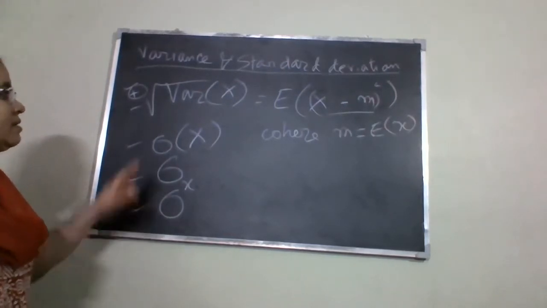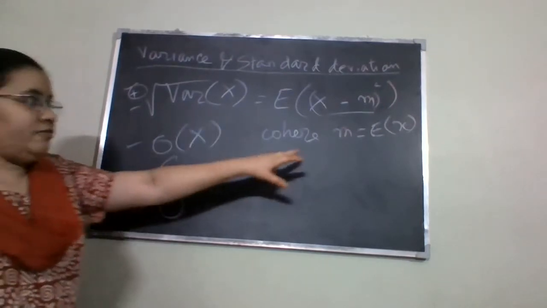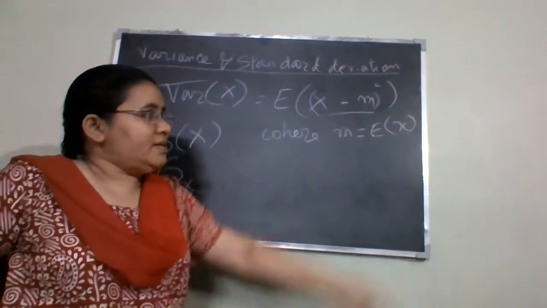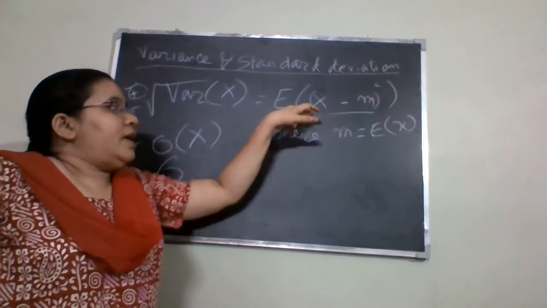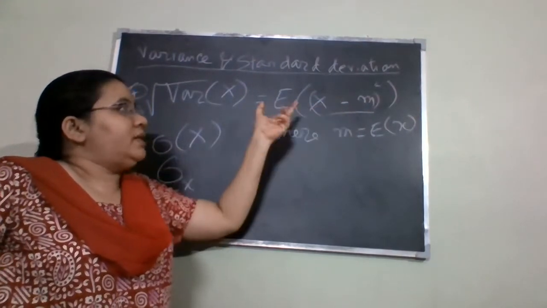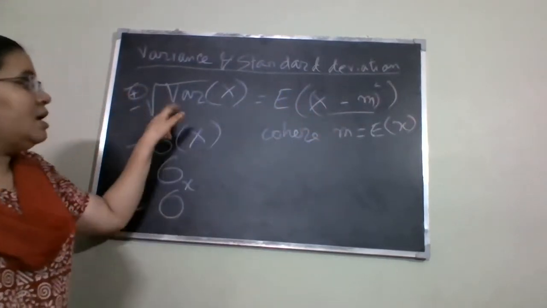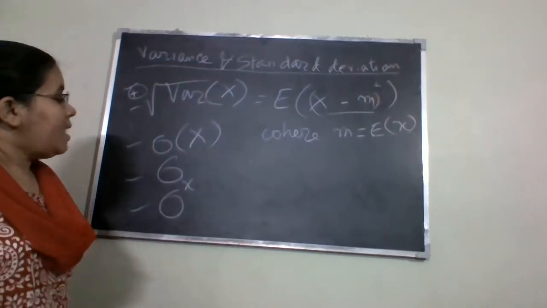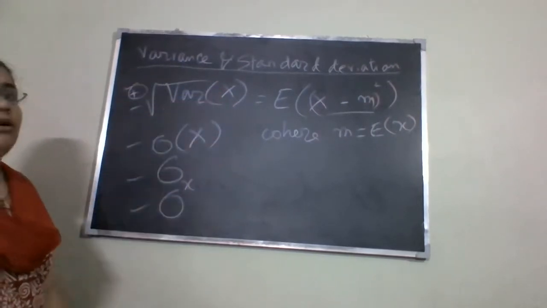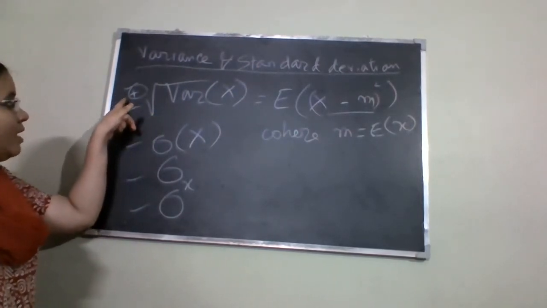So let's start again. What is var X, or variance of X? First find m, that is the expectation of X, explained in the last video. Then do (X minus m) the whole square and find the expectation of this entire term. That gives you the variance of the random variable X. Now take the square root of var X and you will get two values, positive and negative.